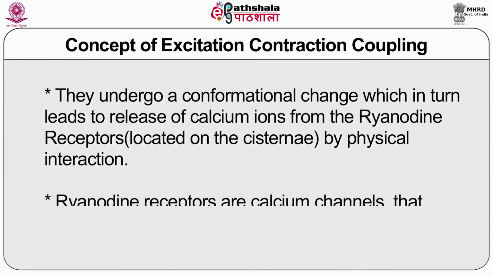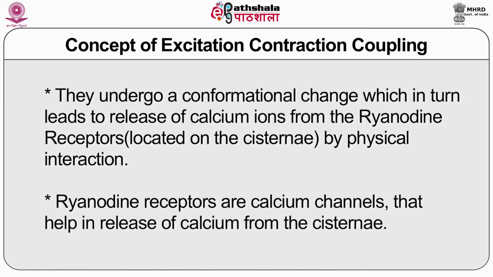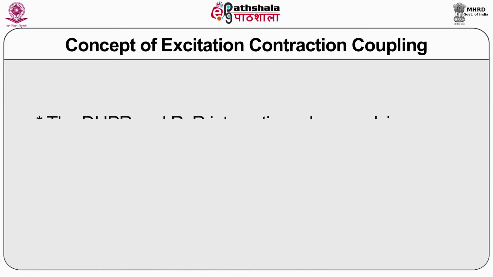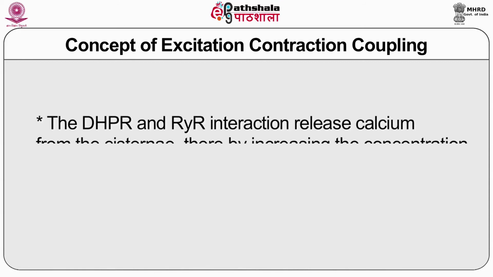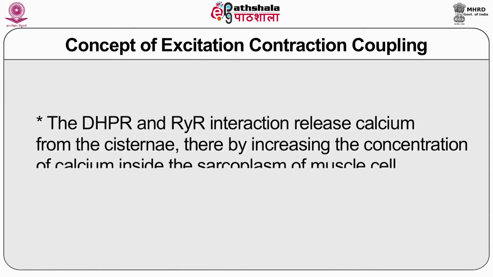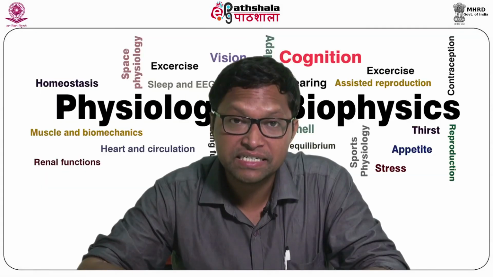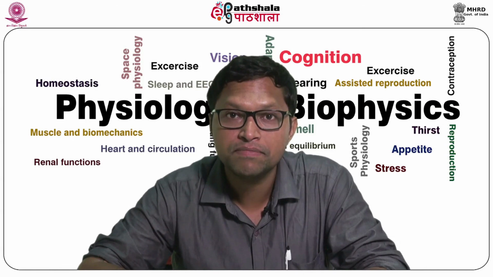Now, the ryanodine receptors are calcium channels that help in release of calcium from the cisternae. Now, the DHPR and ryanodine interaction releases calcium from the cisternae, thereby increasing the concentration of calcium inside the sarcoplasm of the muscle cell. Now, which in turn helps to bring about the contraction of the muscle.